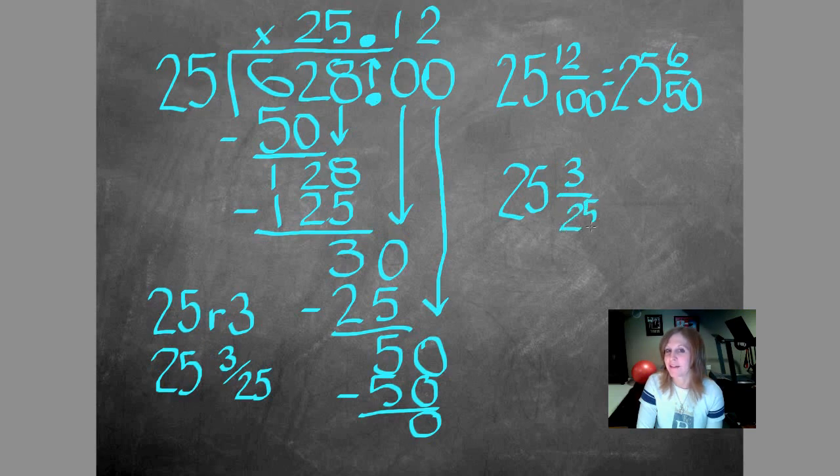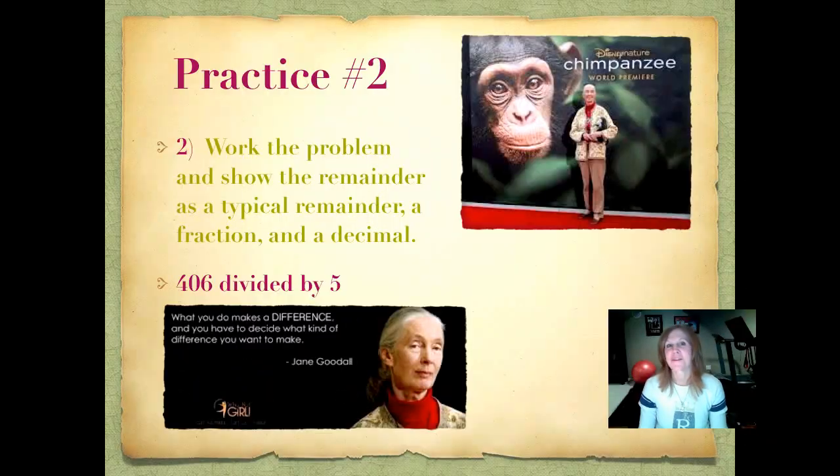You're right. 50 divided by 2 is 25. So this decimal, when I convert it to a fractional amount, is 25 and 3/25, which is the same as when I converted my remainder into a fractional amount. 3 different ways of representing a remainder, speaking different languages, and yet they all are representing the exact same amount of leftovers.